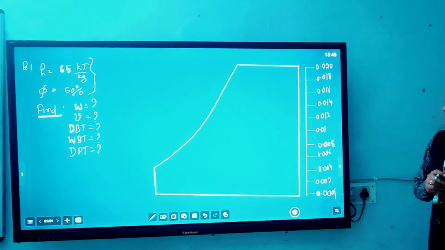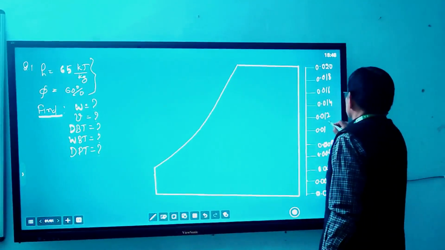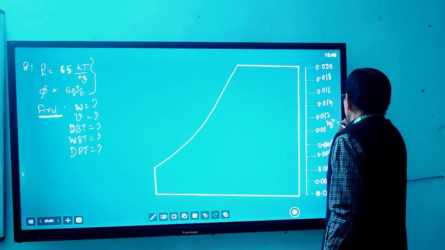This value, absolute humidity omega, is in kg of water vapor per kg of dry air.